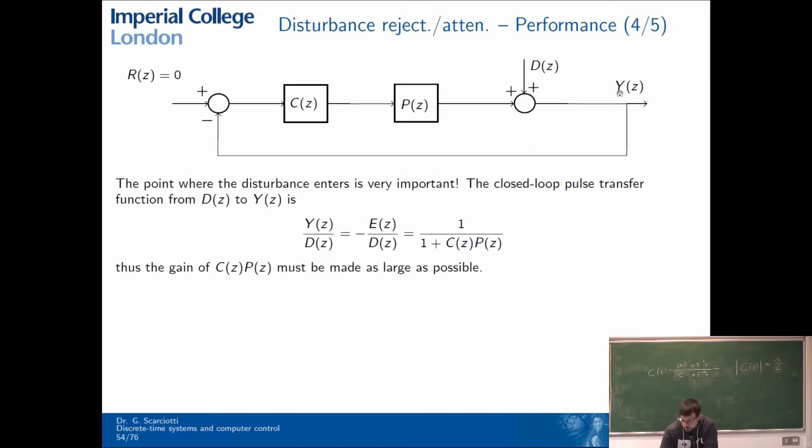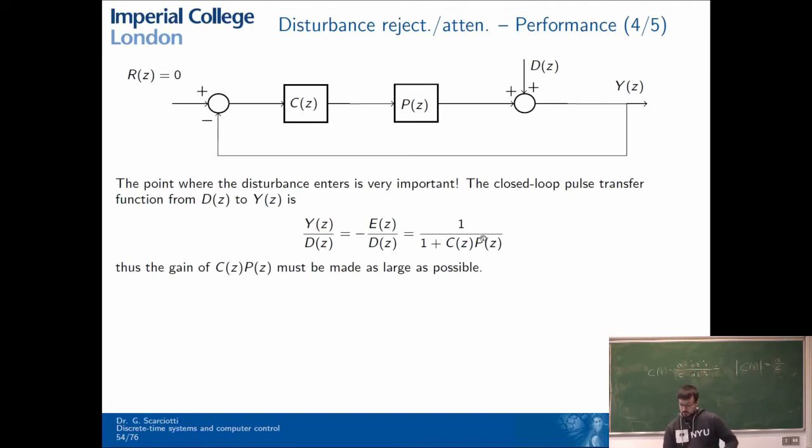Now, if we compute y of z divided by d of z, so the transfer function between the output and the disturbance, we will obtain this result, 1 over 1 plus c times p. Again, we see that if we want the gain of this transfer function to be as small as possible, then we want the gain of c times p to be as large as possible. If the gain is as large as possible, then the gain of the transfer function between y and the disturbance will go to 0.